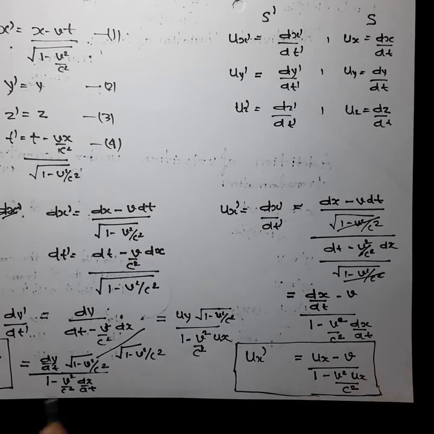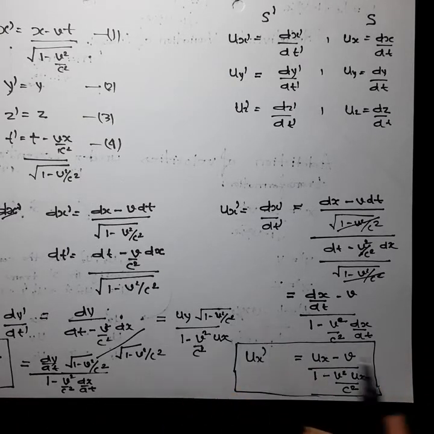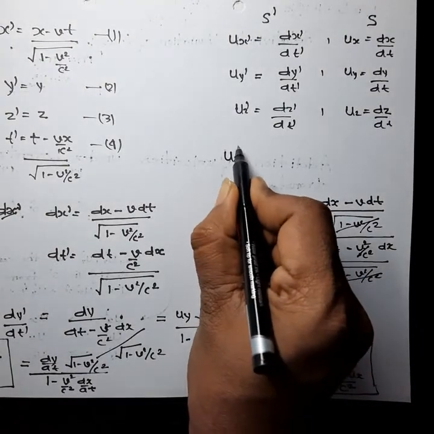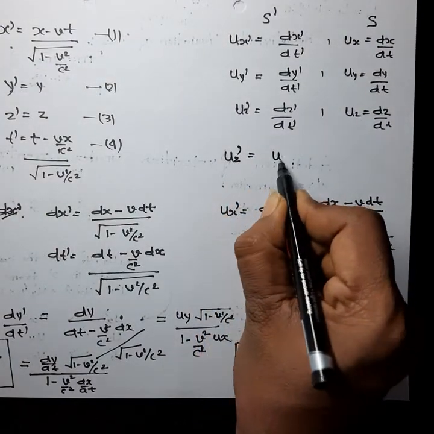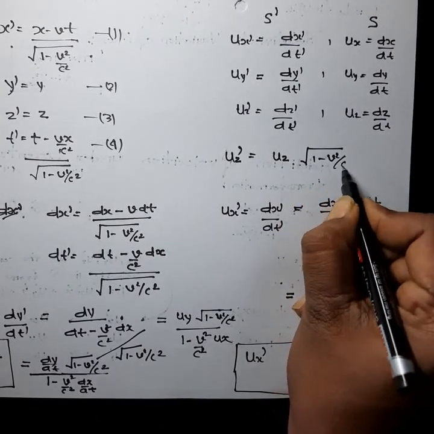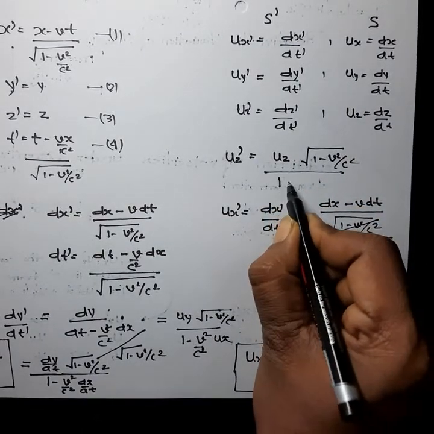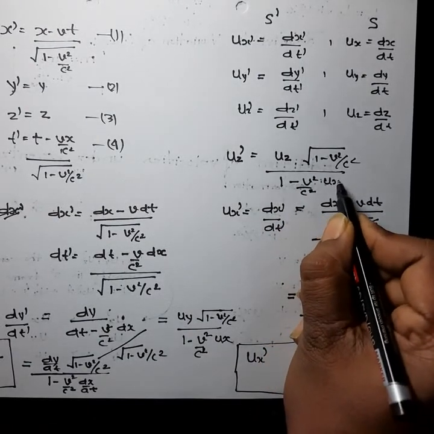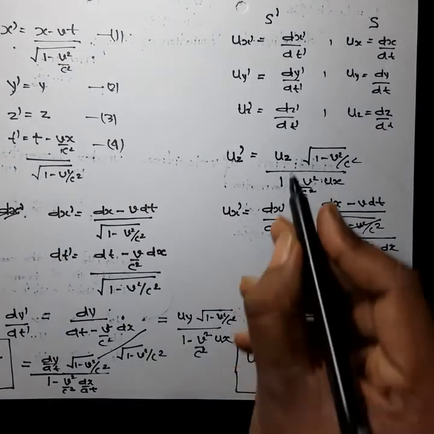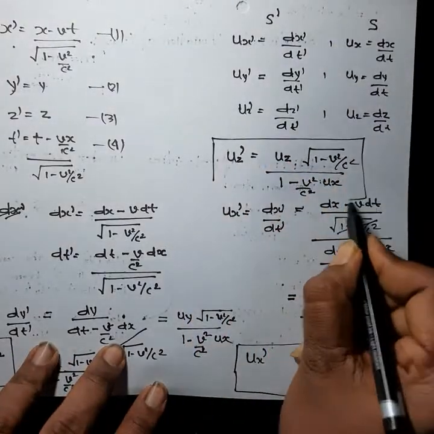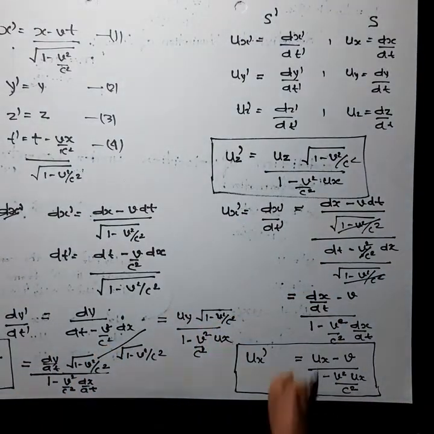Similarly we can write for uz dash, in a similar way. uz dash will be equal to uz times square root of 1 minus v square by c square, divided by 1 minus v square by c square multiplied by ux. Now we have established this relation very simply.